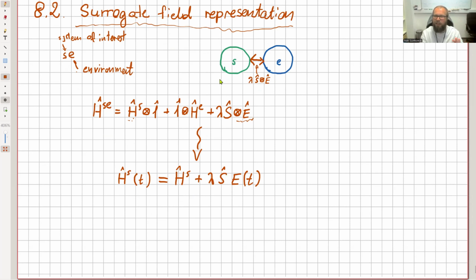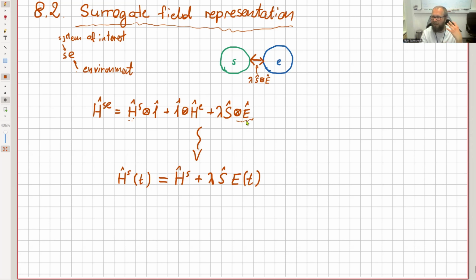We are getting rid of the environment completely, and replacing the coupling with the environment by coupling to this external stochastic noisy force field, represented by stochastic process E.